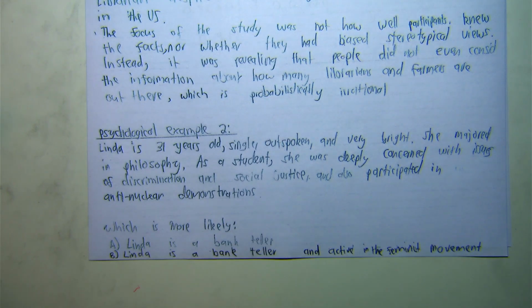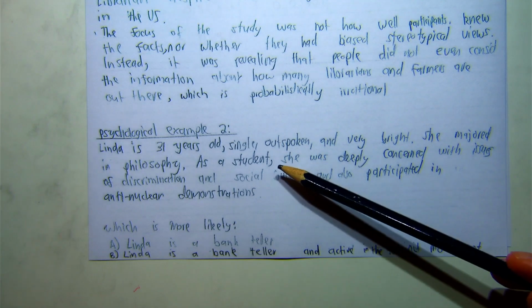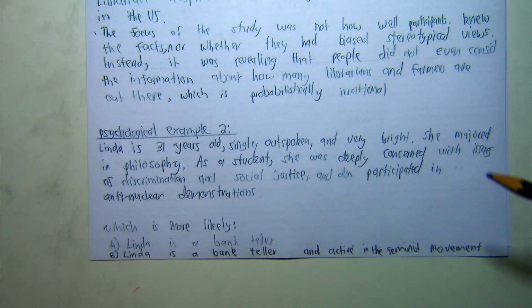And if we think about these options here, B is looking quite appealing to us because someone who's active in the feminist movement seems to match this description above. It's resonating with us that when we see a person described in this way, that is the type of person we imagine would be active in the feminist movement. But is it true that it's more likely that Linda is a bank teller and active in the feminist movement?